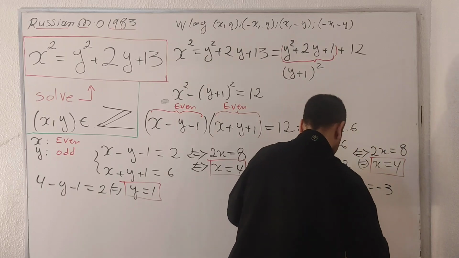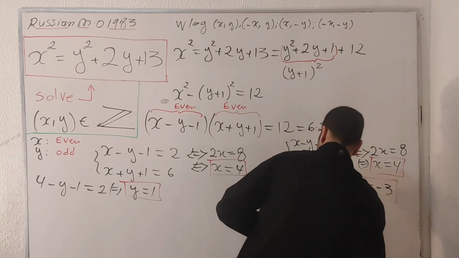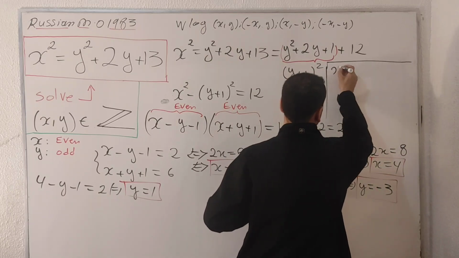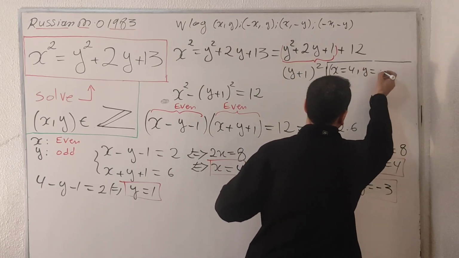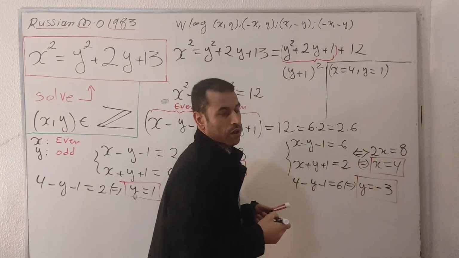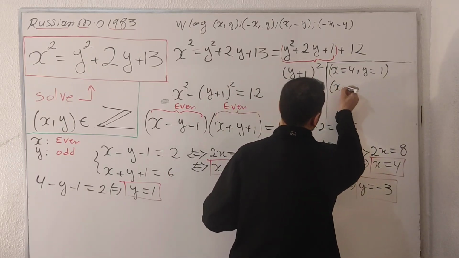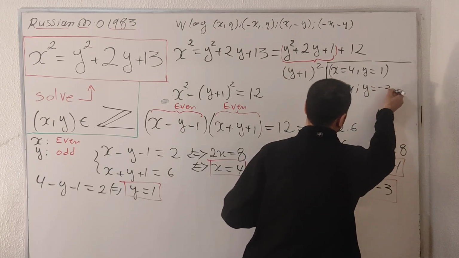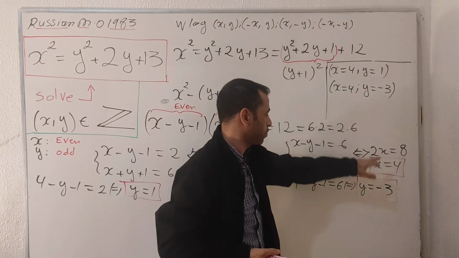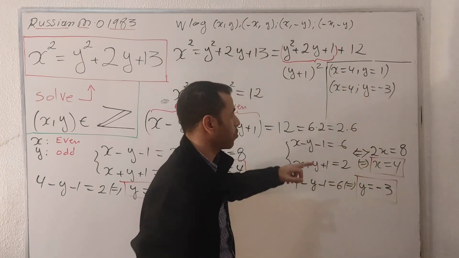Okay? So we'll have the first solution, x equals 4, y equals 1. For the second solution, the same x, x equals 4, but y equals minus 3. This one came from the second equation, this one came from the first equation.